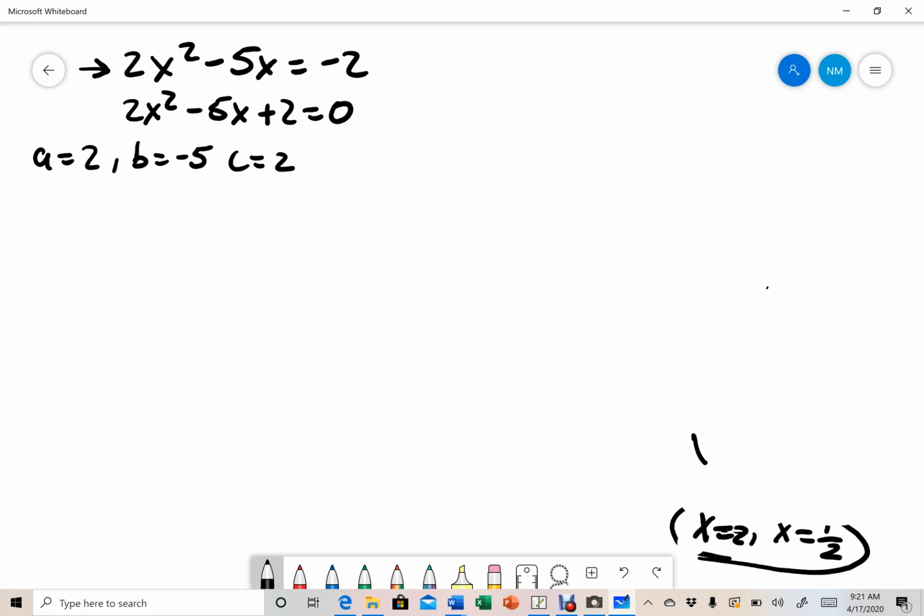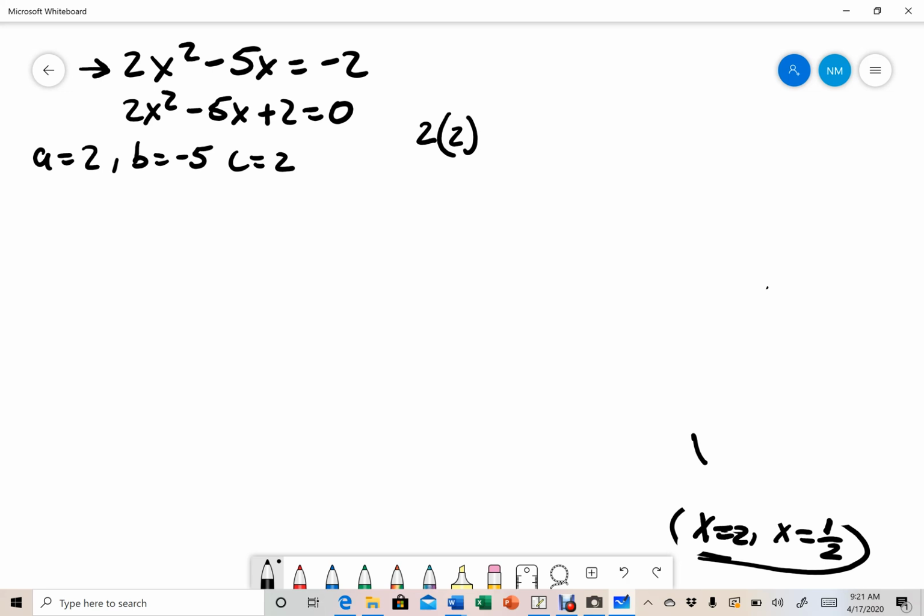Okay, x equals 2. Sorry about that, guys. And x equals 1/2. Okay, so we're going to take these and plug them back into our equation to check them. So we've got 2 times, and we're going to do our positive 2 first.